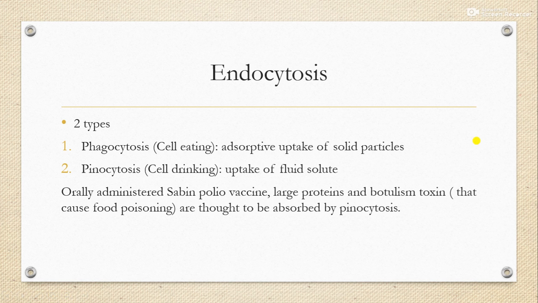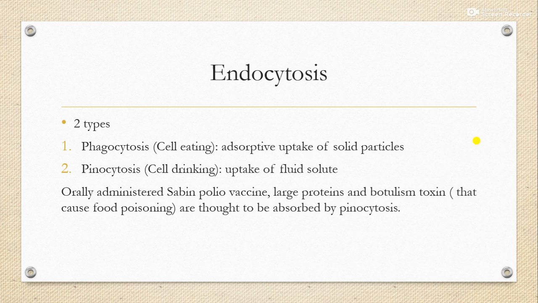Endocytosis is of two types. The first one is phagocytosis, which is also called cell eating, and in this process absorption of solid particles takes place.